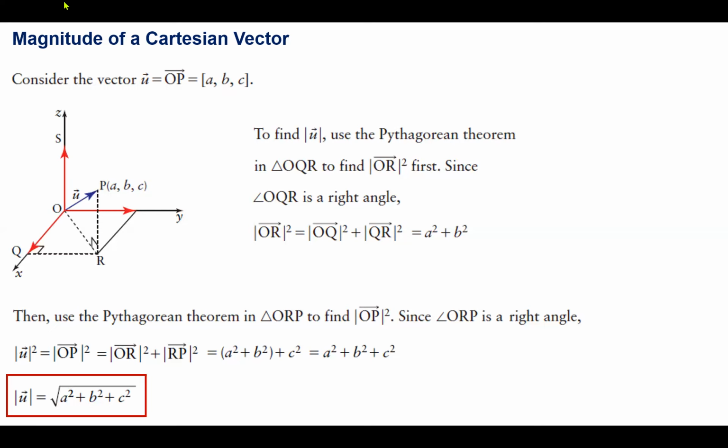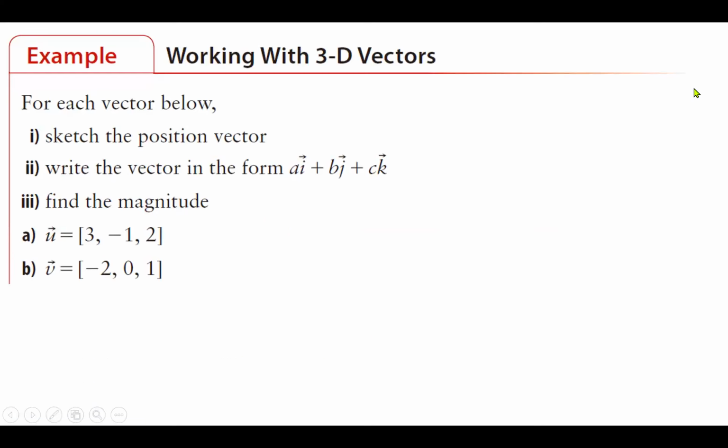Okay, if you don't have any questions, let's do a practice. For each vector below, first, sketch the position vector. Then write the vector in the form ai plus bj plus ck, where i, j, k are the three unit vectors along the three directions.